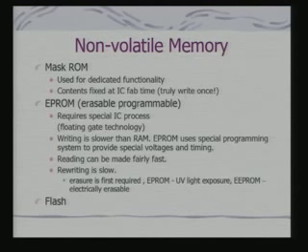Here the writing is slower than RAM, and it uses a special programming system to provide special voltages and timing. Reading can be fairly fast, but rewriting is slow because you have to erase, typically by UV light exposure for EPROM, and electrically erasable modules are called EEPROM. Flash is a variant of this EEPROM.